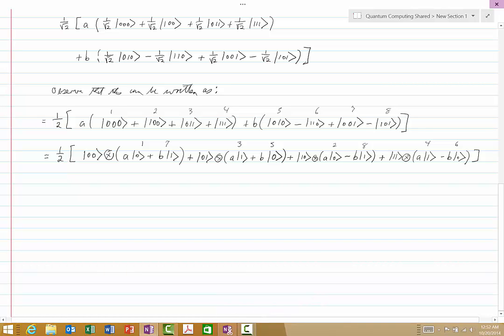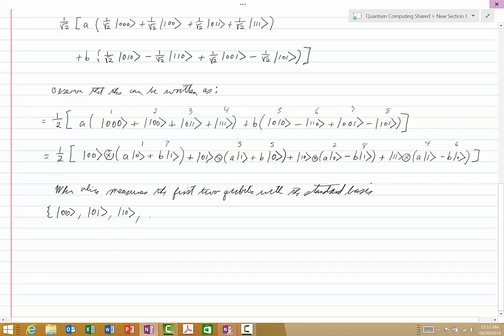Okay, let me say this one last time. Alice is going to measure the first 2 qubits in the standard basis, and just to remind you, that's 0,0, 0,1, 1,0, 1,1.